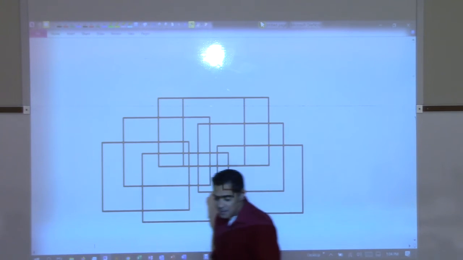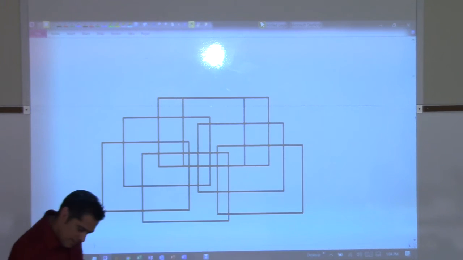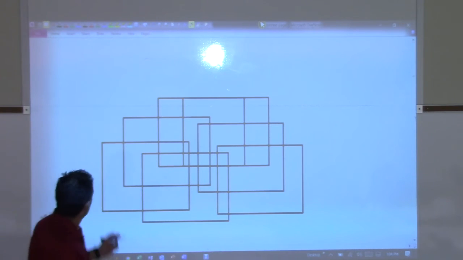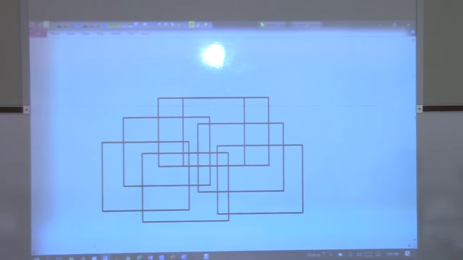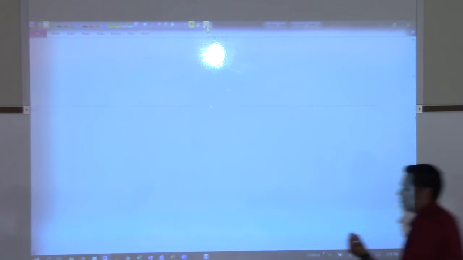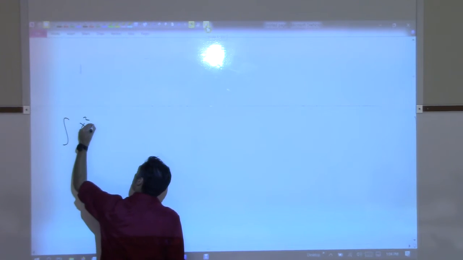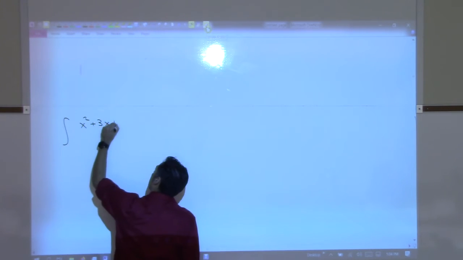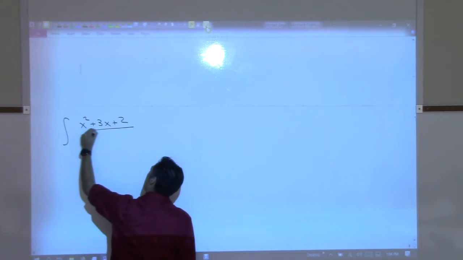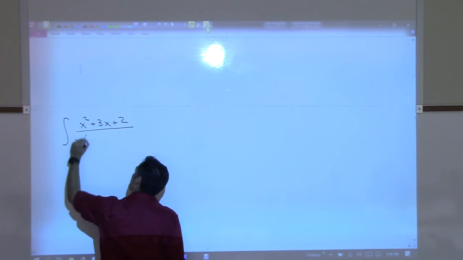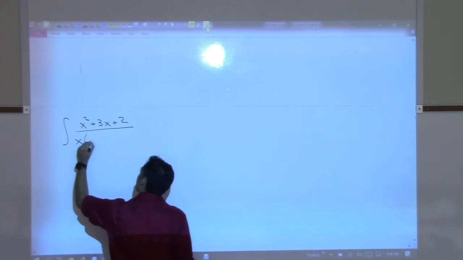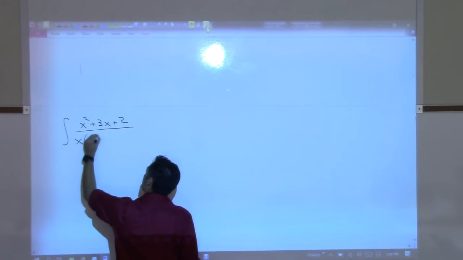Did you find something? So number 52, let me see it, is x squared plus 3x. Oh, let me get this in here. Hold on. So we're trying to do the integral of x squared plus 3x plus 2 over x times open parentheses x squared plus 2x plus 2.